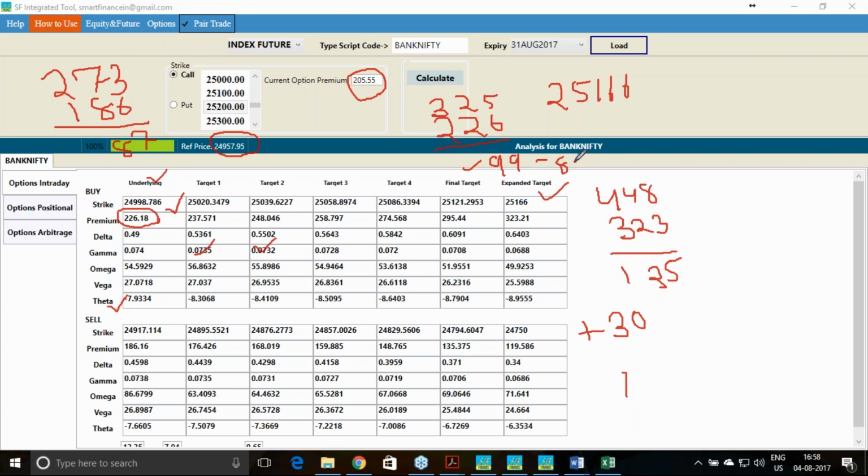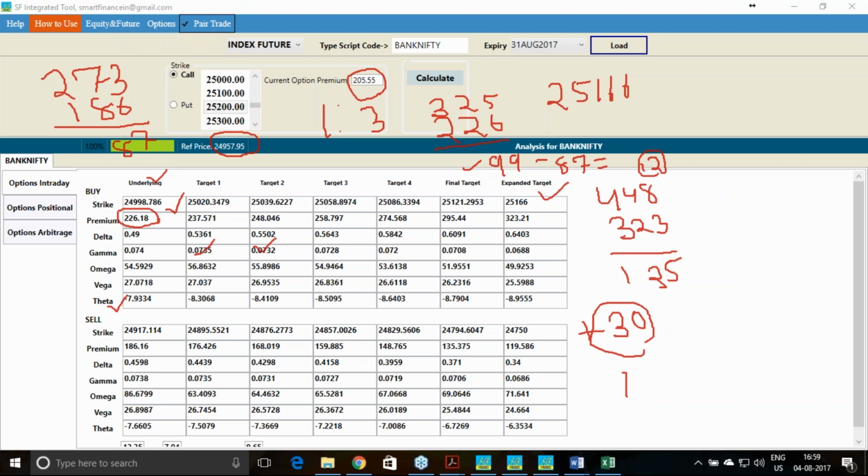If the stop loss hits, then the spread will go to 87. So my loss will be 12 rupees. And if it hits the final target, my profit will be 30 rupees. So almost 1:3 risk reward you can form. If you are paying lesser brokerage and all, why not this strategy?